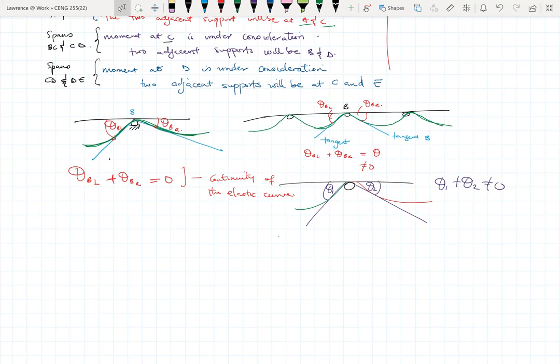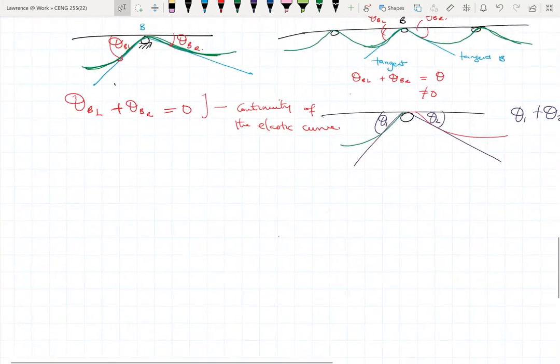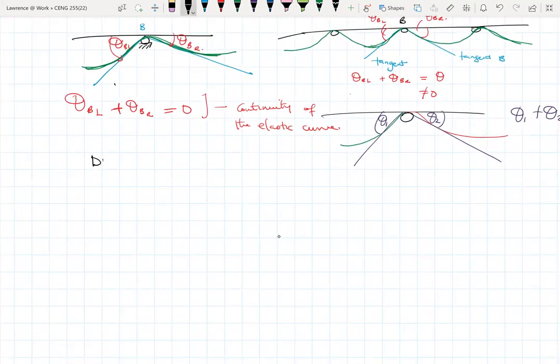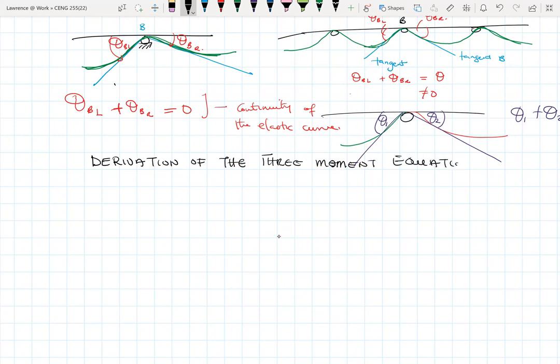All right. So let's see how to derive the three moments equation. That's why we are here. So let's see the derivation of the three moment equation or method, whatever.